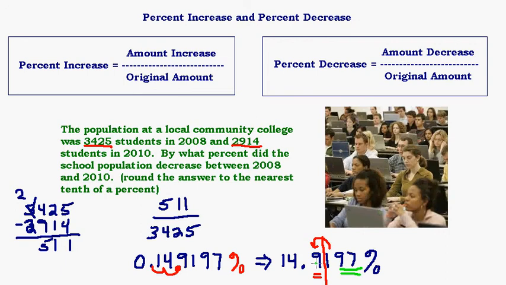It's only the number directly to the right of the place that you want to round to that affects whether you're going to round up or not. So we're not going to round up. 1's just not going to do it. Our final answer then is 14.9%. So this school saw a decrease in its student population of 14.9%.